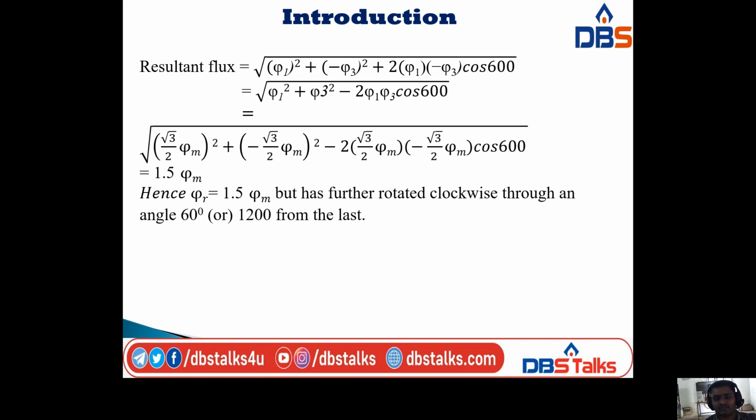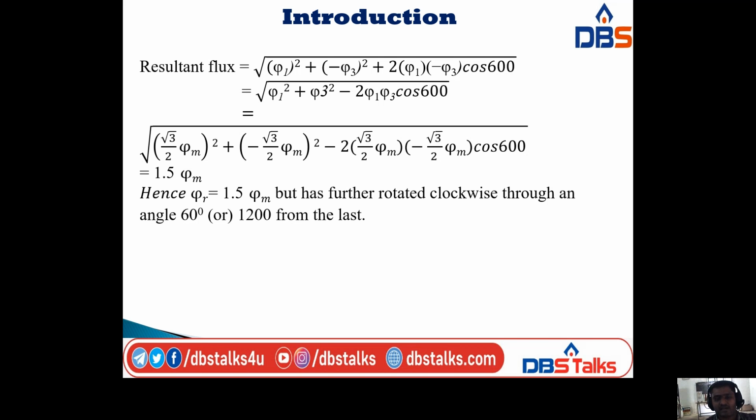So that is equal to root of phi 1 square plus phi 3 square minus 2 phi 1 into phi 3 into cos 60 degrees. So that is equal to root of phi 1 means root 3 by 2 into phi m whole square plus phi 3 means minus root 3 by 2 into phi m whole square minus 2 into phi 1 means root 3 by 2 into phi m into minus root 3 by 2 into phi m, that is the phi 3 value, into cos 60 degrees, and finally we have the value that is 1.5 into phi m.